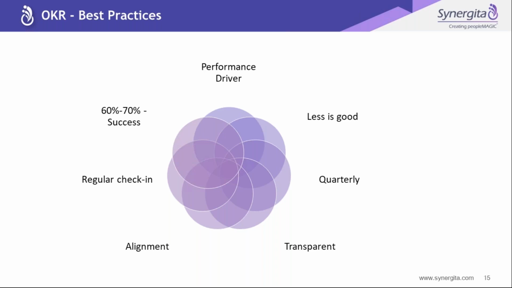Let us make sure that the alignment is taken care of, and regular check-in is pretty important here, maybe weekly, fortnightly or monthly, so that we avoid performance surprises at the end of the quarter. Even if the employee achieves 60 to 70%, yes, he is considered a good performer.